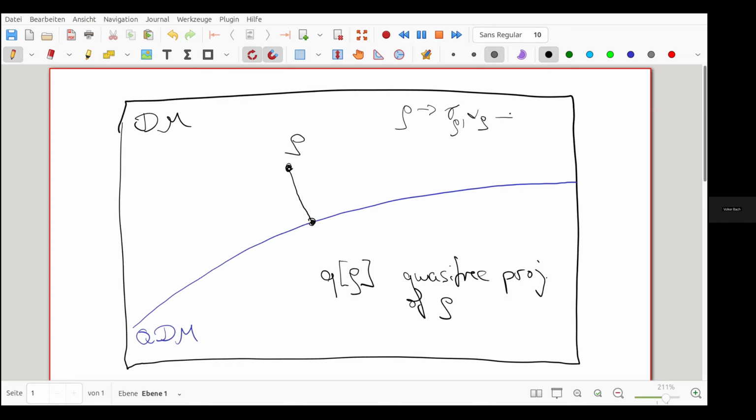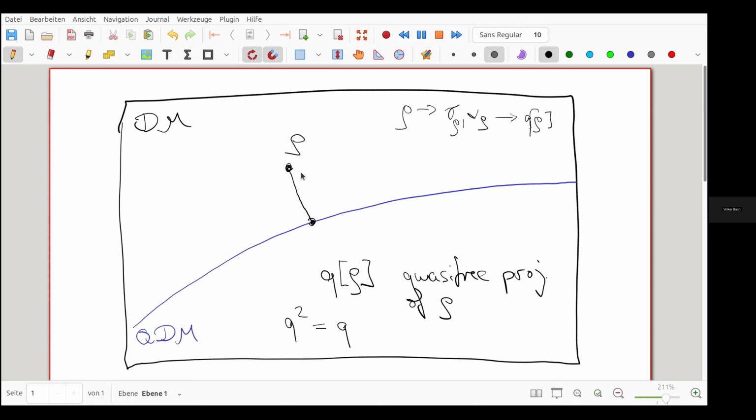And then from this we get Q of rho, which is a quasi-free state which has the same one particle density matrix and the same pairing operator. That's my Q of rho. And this, in fact, acts as a projection on the space of density matrices. So Q squared is equal to Q.